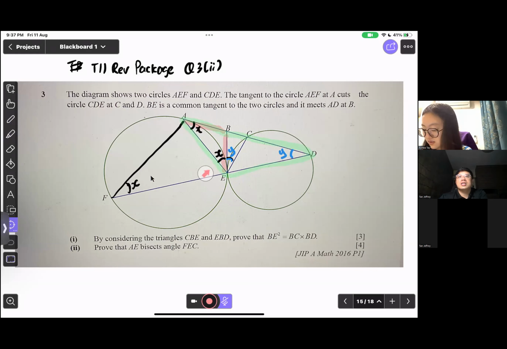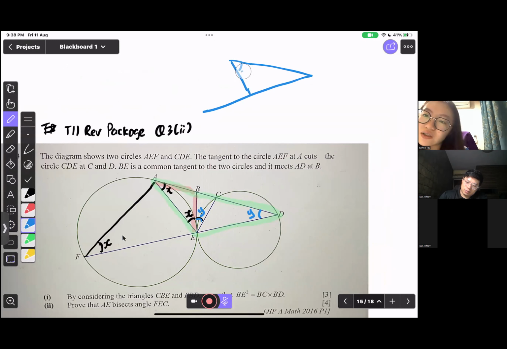AEF. This is y. What is AEF? 90 minus y. No, think properly. If you use a tangent, FEB is 90 degrees, right?